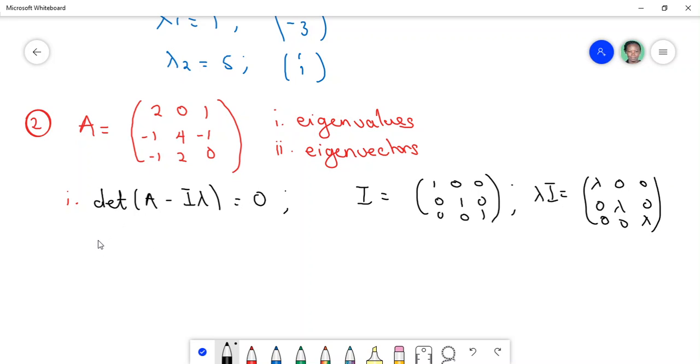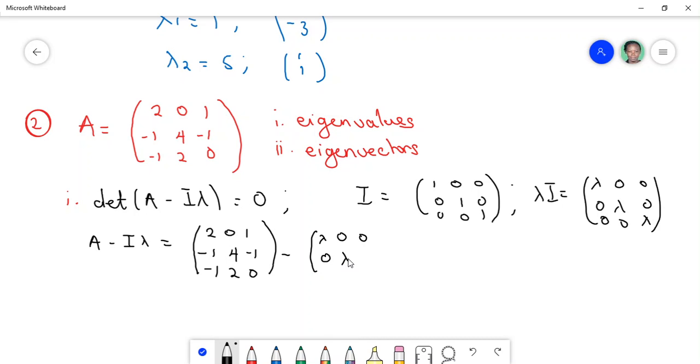Now let's take the determinant of that. The determinant of A minus lambda I is equal to 0.